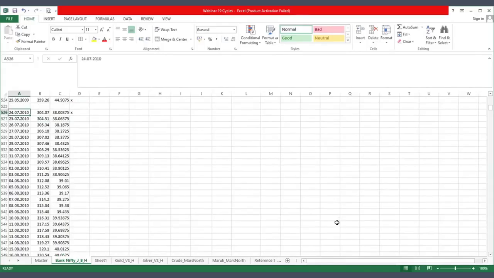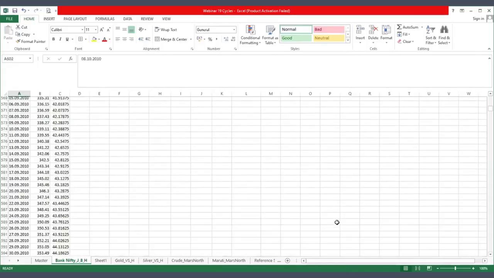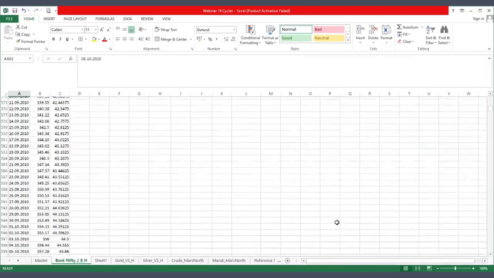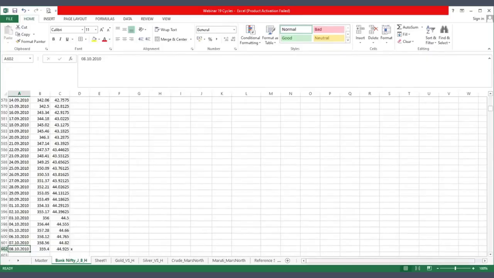Now 24th of September 2008, 10. Let's come to the chart. Hope the chart is visible.